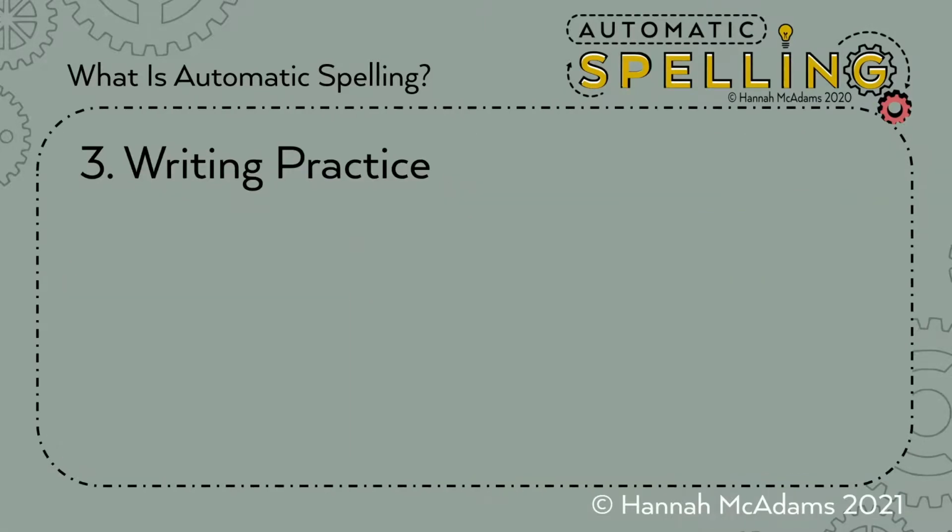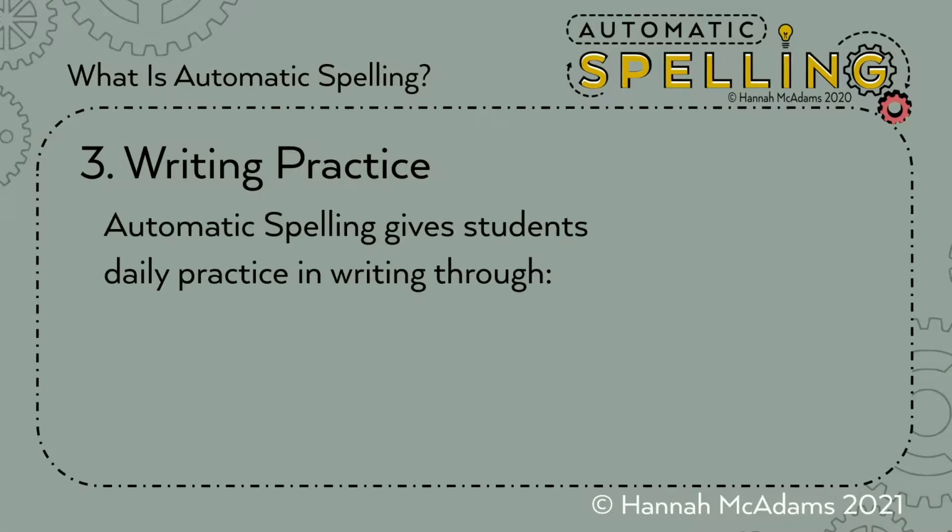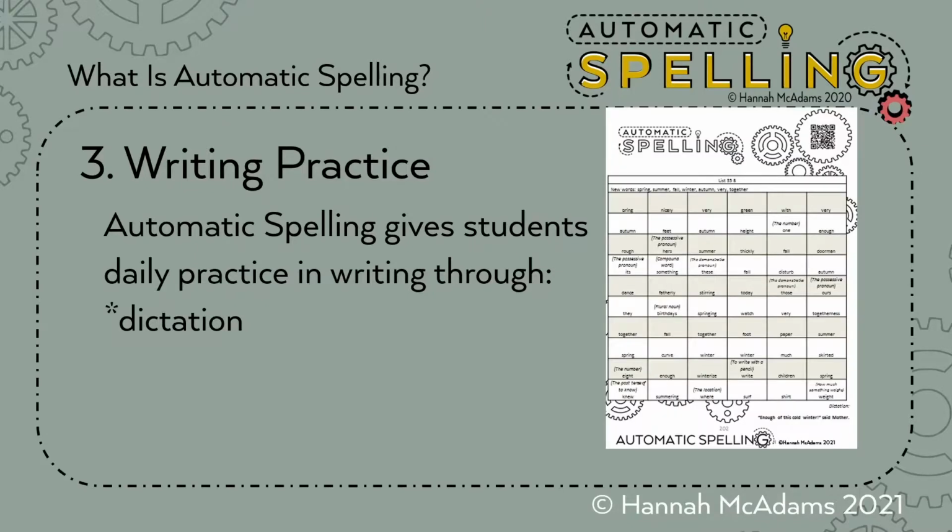Okay, and then the third component is the writing practice. And this actually we do some at the beginning and some at the end, but in my opinion, this is not quite as important, but it actually does really help students learn. So automatic spelling gives students daily practice in writing through dictation. So if you look at the bottom, it says, "Enough of this cold winter," said mother.